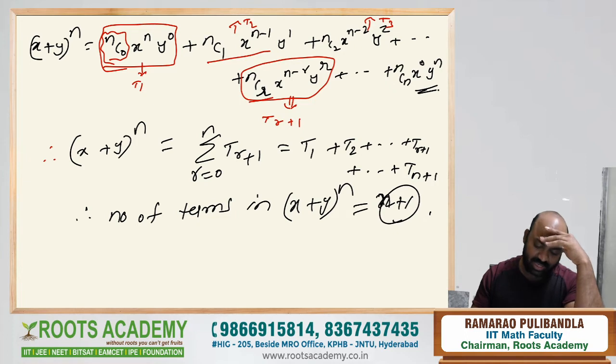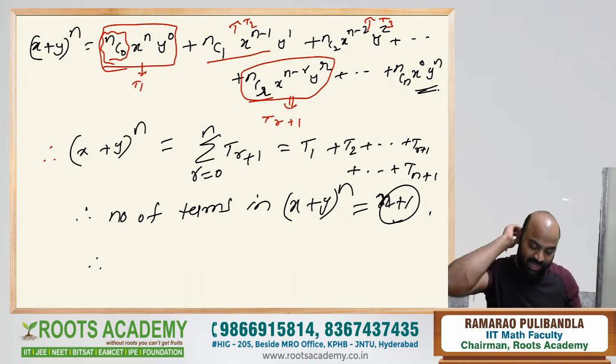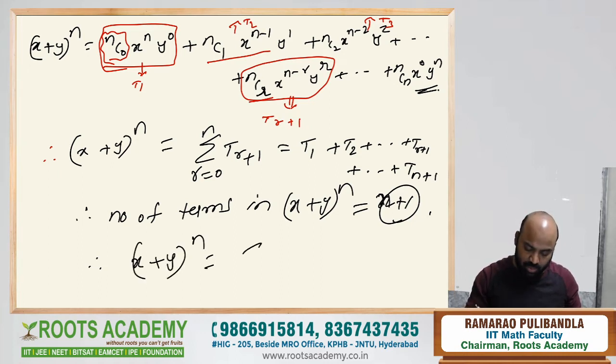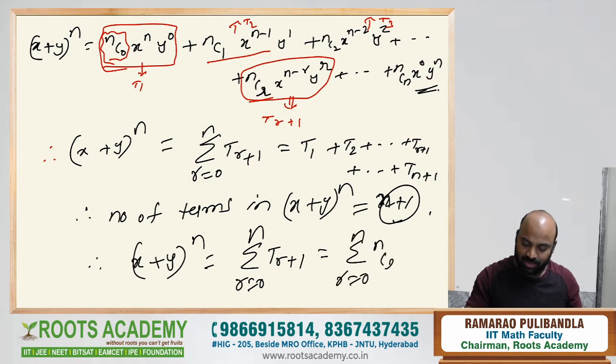So the number of terms in (x plus y) whole power n is n plus 1. So here, the different types of things we have: (x plus y) whole power n is written like this, T r plus 1, or else (x plus y) whole power n can also be written as sigma r equals 0 to n of T r plus 1, or else we can write it as sigma r equals 0 to n of nCr into x power n minus r into y power r.